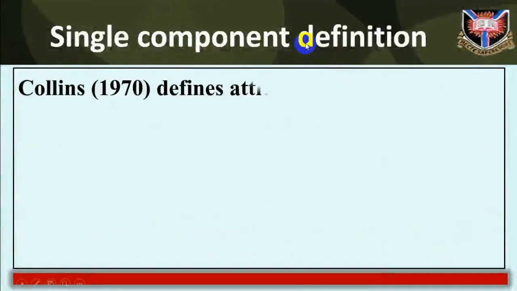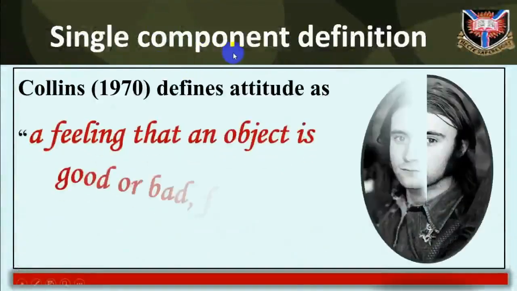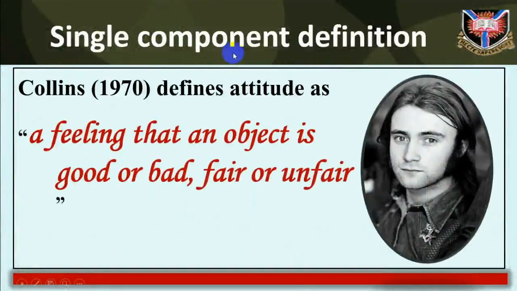Single component definition. Several writers restrict the concept of attitude to a single response tendency towards an object, which is always in the evaluative form of positive or negative terms.